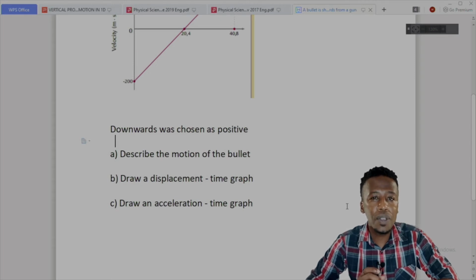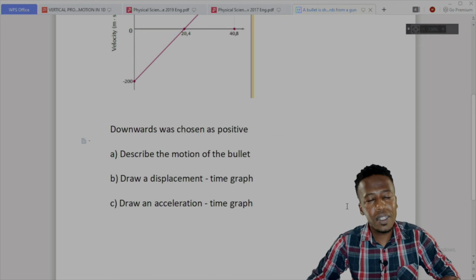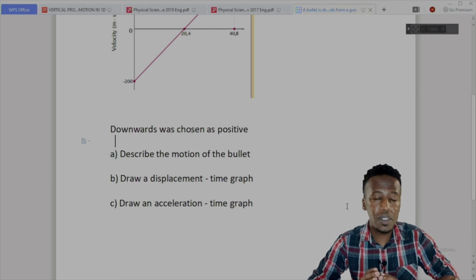And what is also important, guys, whenever you're dealing with equations of motion, you must get 3 variables. That's when you can actually solve equations of motion, right? If you have 3 variables and you have one unknown, you can easily get the other one, right?